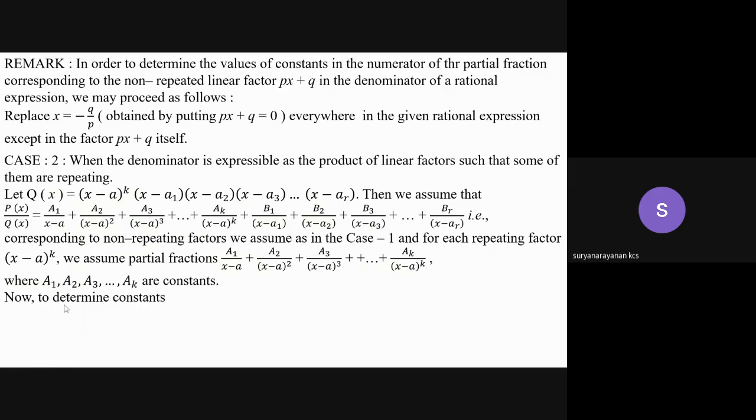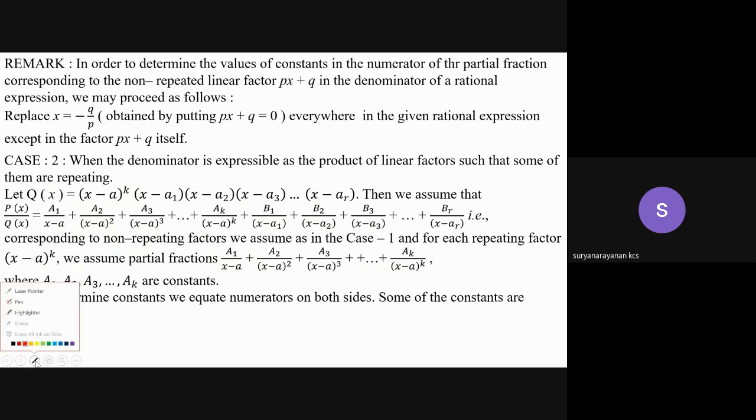Also we have to find the values of a1, a2, a3 and so on, ak, b1, b2, b3 and so on, br. To determine constants, here also we equate numerators on both sides. Some of the constants are determined by substitution, as in the case of the first case.